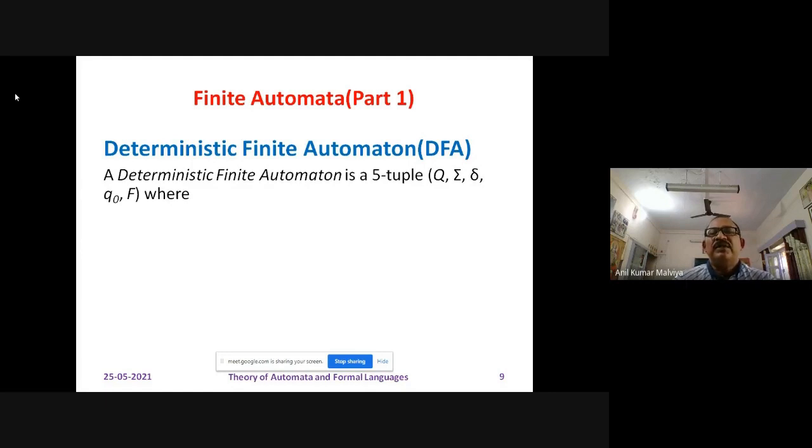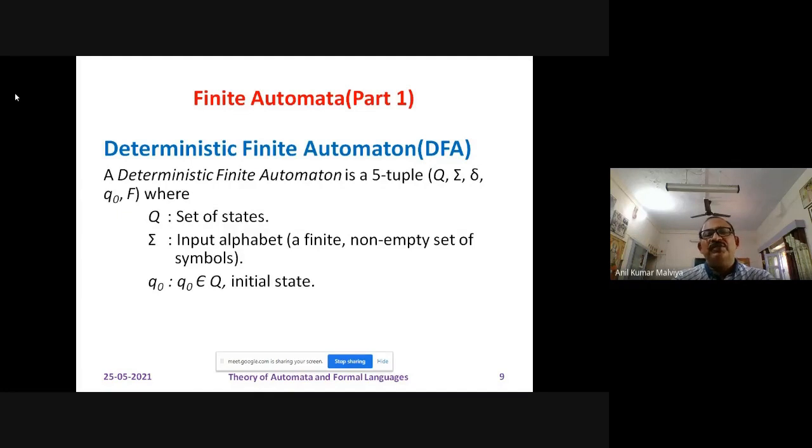A deterministic finite automaton is a 5-tuple Q, sigma, delta, Q0 and F. Q is a finite set of states. Sigma is the input alphabet, a finite set of symbols.